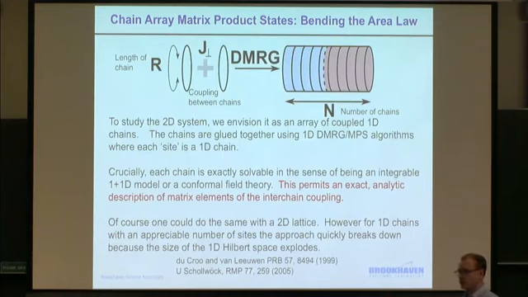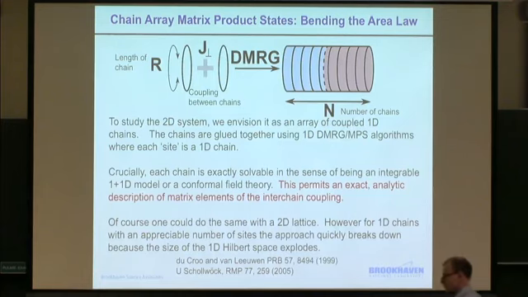For the two examples we have, either there'll be the continuum limit of the quantum Ising model, so a Majorana fermion, or there'll be a Luttinger liquid, so just a free boson. Although in principle they could be any field theory. There's no restriction. And then we couple the chains together using a 1D DMRG algorithm. The J-perp is the coupling.